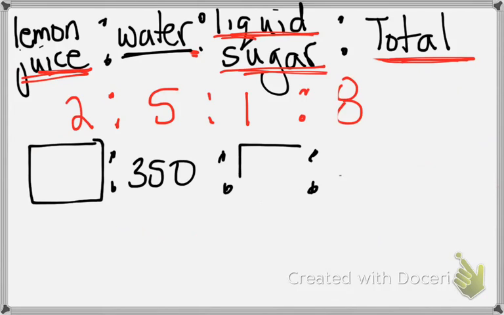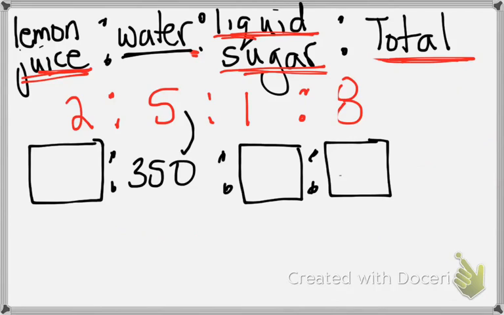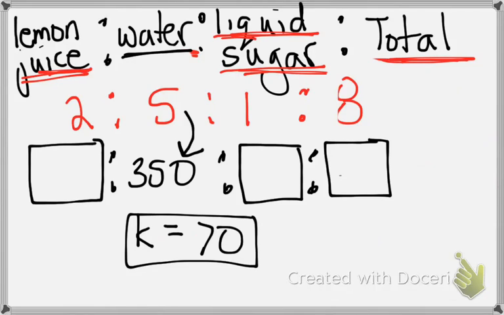So it's not asking for how much liquid sugar and how much total, so you don't really have to find those numbers. But we need to figure out our K value to get from 5 to 350. So 350 divided by 5 is 70. So with a K value of 70, then you would do 2 times 70 to get 140.